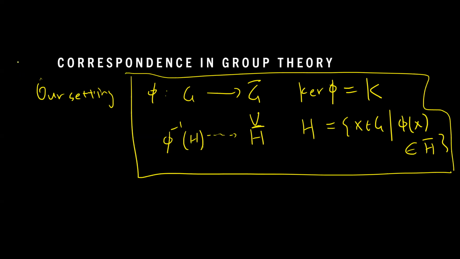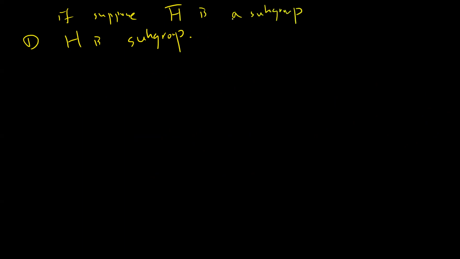So let's say the results. The first result is that if our H bar is a subgroup, then the pre-image H is a subgroup.